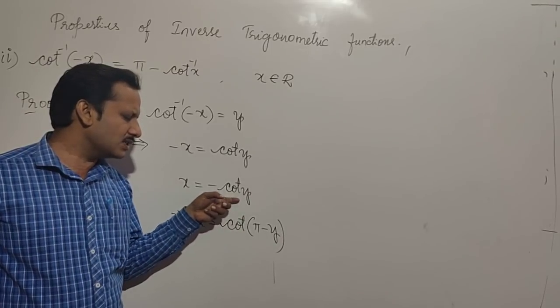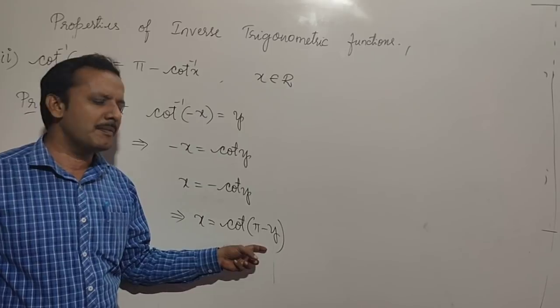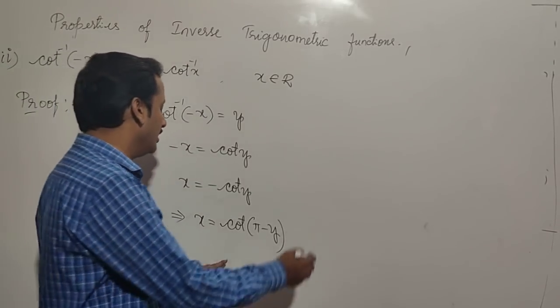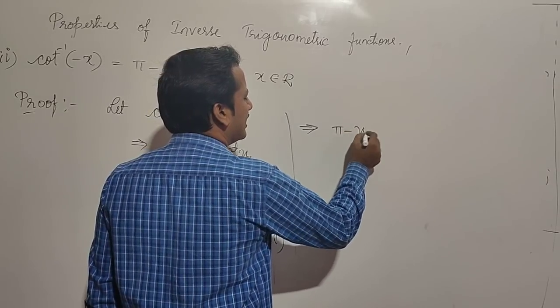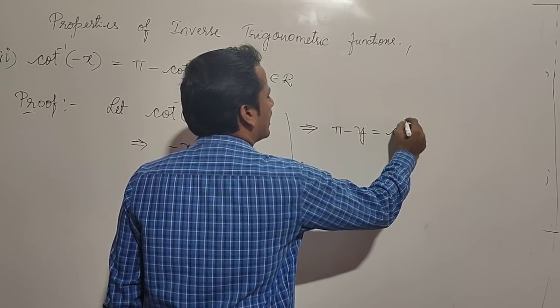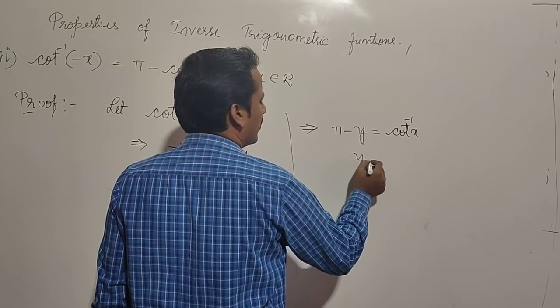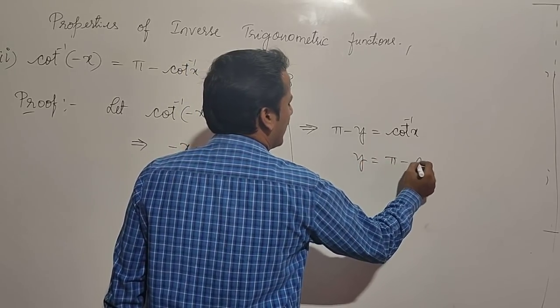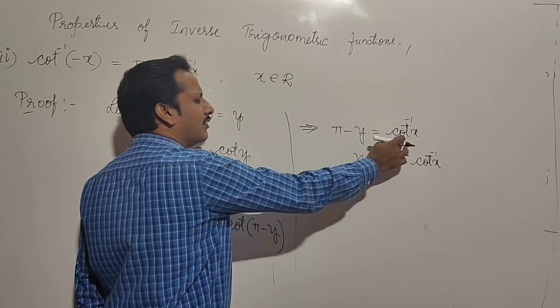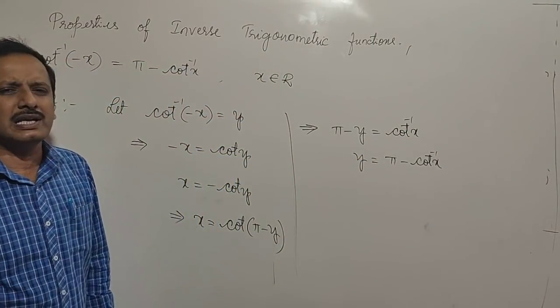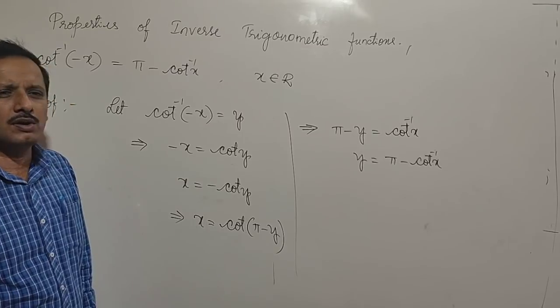That will imply that pi minus y is equal to cot inverse x. Bring cot inverse x to this side, take y to that side, and we get y is equal to pi minus cot inverse x.